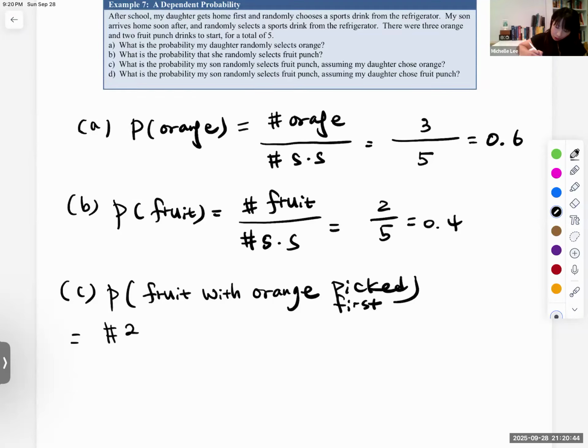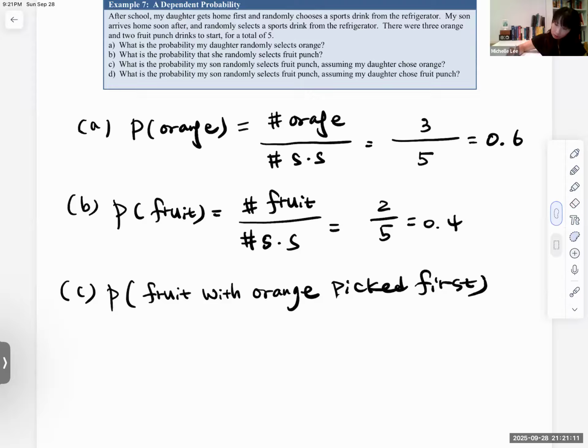Yeah. Okay, let me just rewrite everything. Equal to number of fruits.